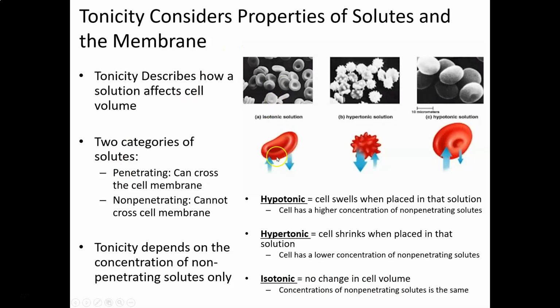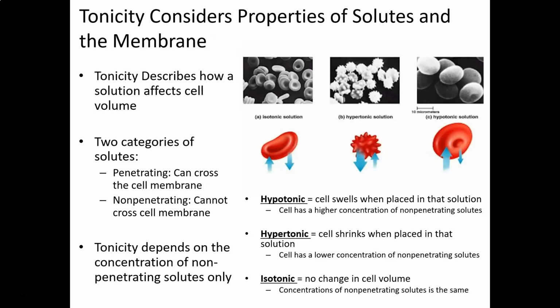So here's an example of an isotonic solution, and just as much water is entering as it's leaving, and that's because the osmotic pressure inside a cell is the same as the osmotic pressure outside. Might as well learn this number now. It's 280 milliosmoles for human blood, so 280 milliosmoles, or 0.28 osmoles. So 280 milliosmoles would be isotonic.